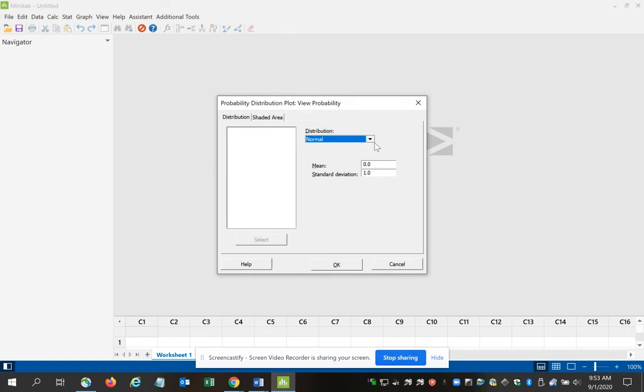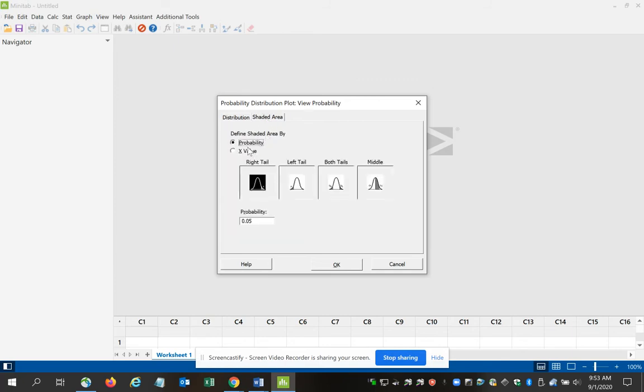Then it asks me, what type of distribution do you have? It's normal. The mean was given to us in the problem as 6. The standard deviation was given to us in the problem as 2.0. I'm going to click on the other tab that says Shaded Area, because I've got to tell the computer the shaded area. Our shaded area is defined by an X value.